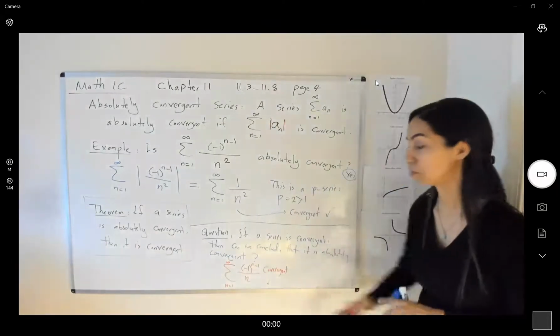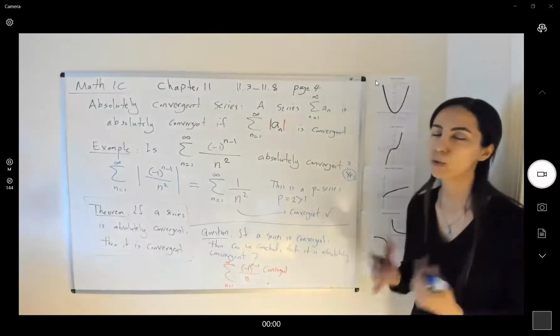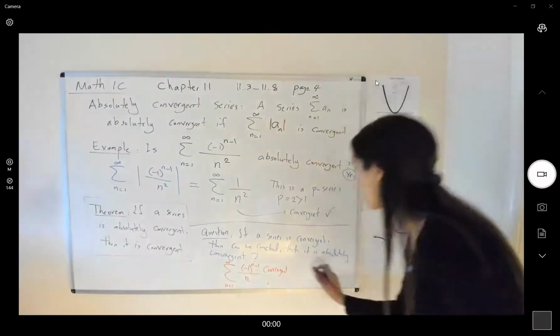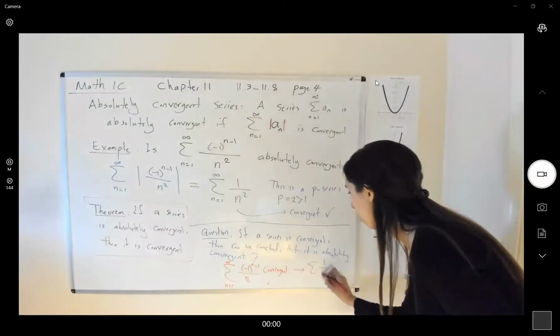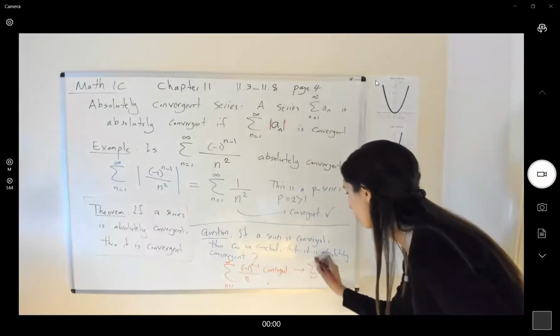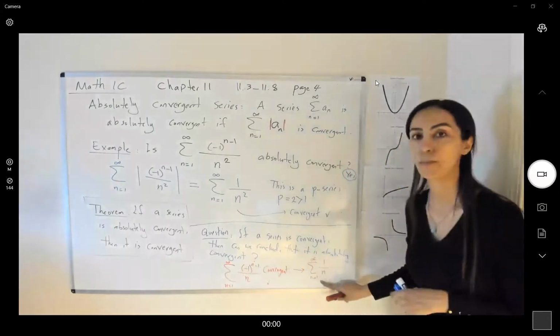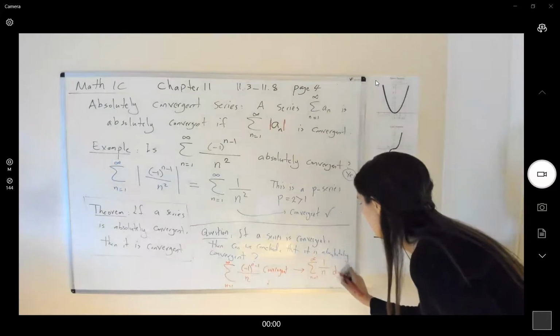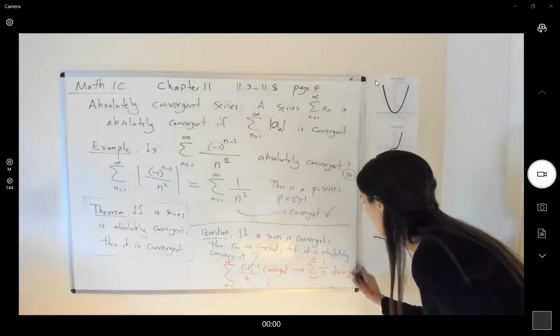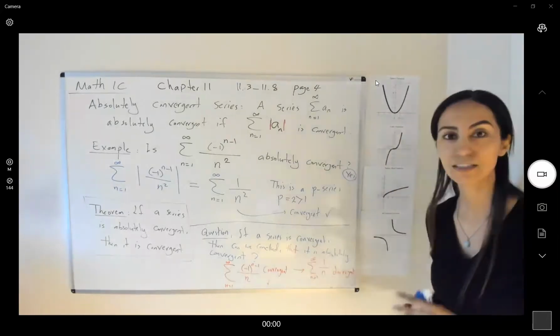You don't have any problem with the series itself. What if I take the absolute value? The absolute value is 1 over n, n starts from 1 to infinity, which is a harmonic series, and it is a divergent series. So the answer is no.